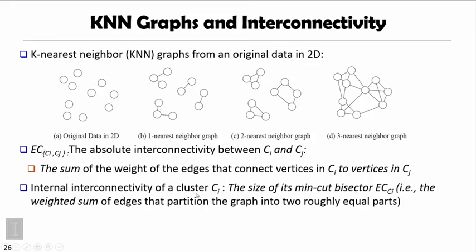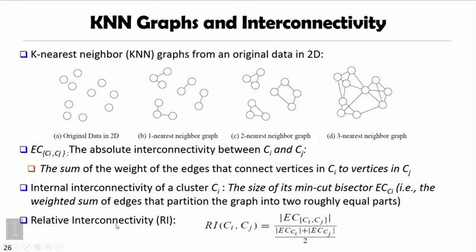The weighted sum of these edges partitions the graph into two roughly equal parts. Then you look at the weighted sum of the edges of this partition. Then the relative interconnectivity RI for C sub i and C sub j is defined by their absolute interconnectivity divided by, or normalized by, the average of their respective internal interconnectivity.